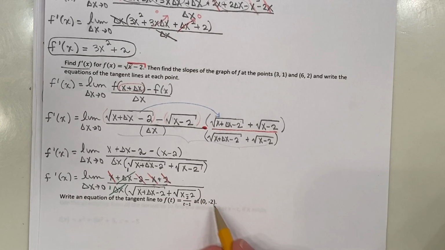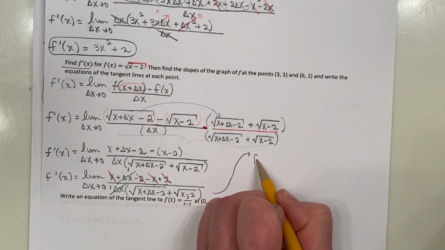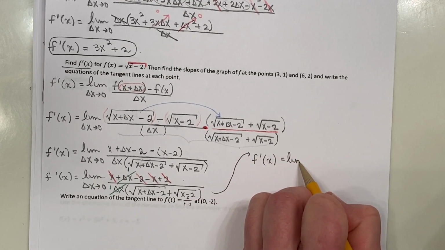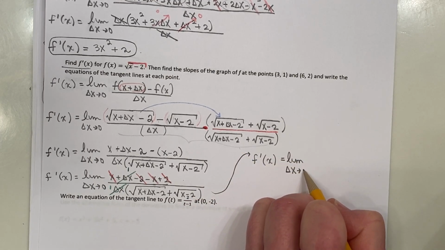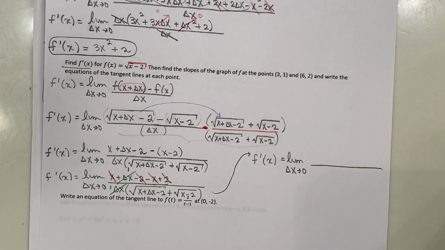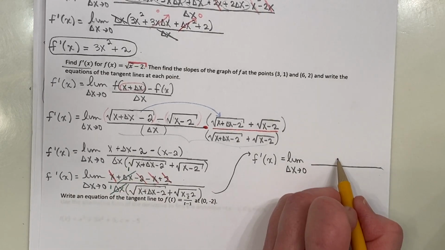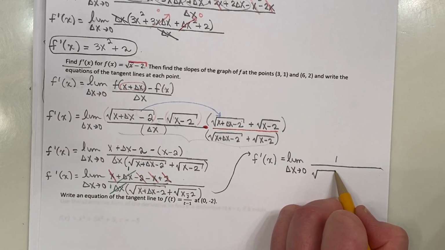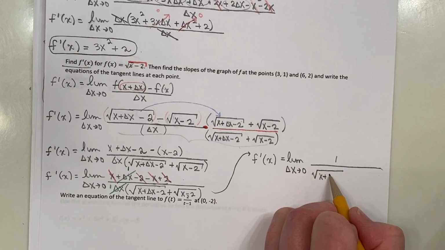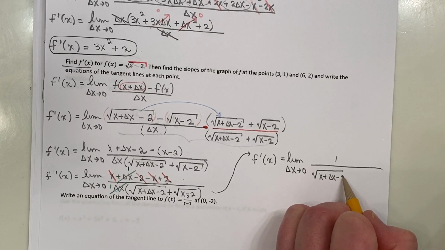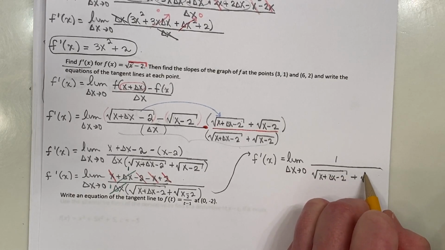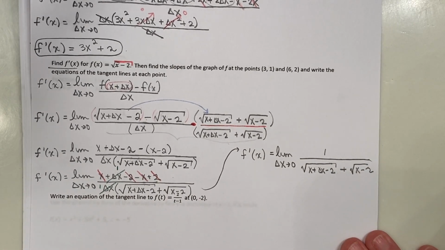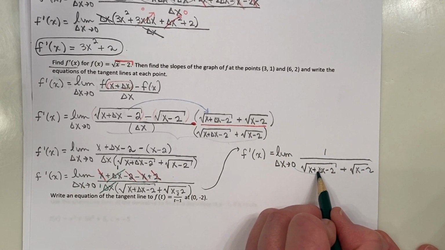So let me come over here. Still have the limit. Okay, so the only thing left on top is a 1, and I need a little placeholder there. The delta x is divided out, and so what I have on the bottom is the square root of x plus delta x minus 2 plus square root of x minus 2. Now let's plug in 0 so we can lose the limit statement.